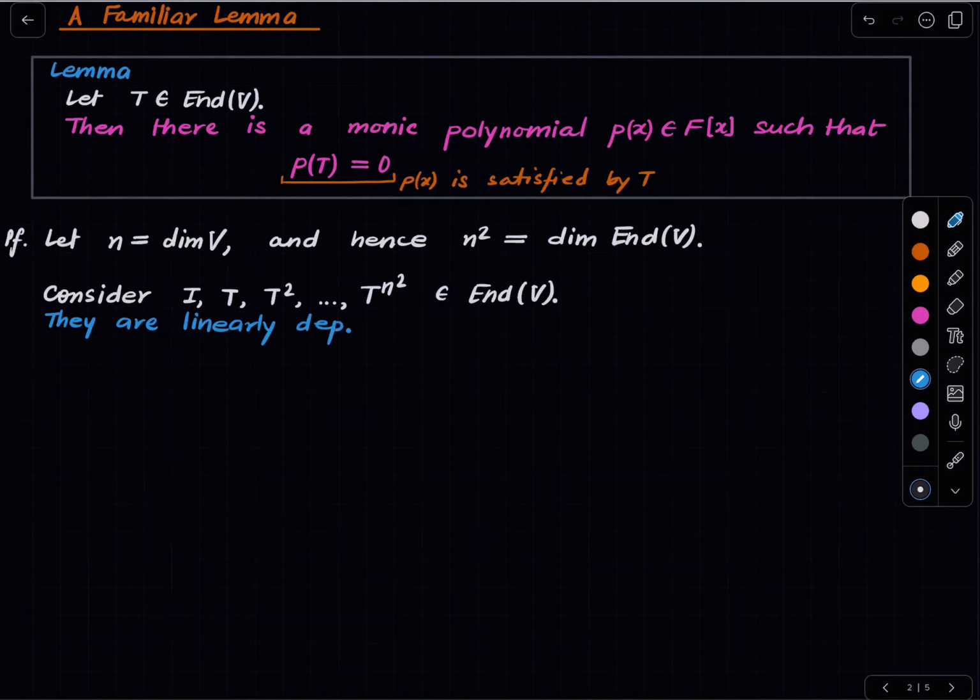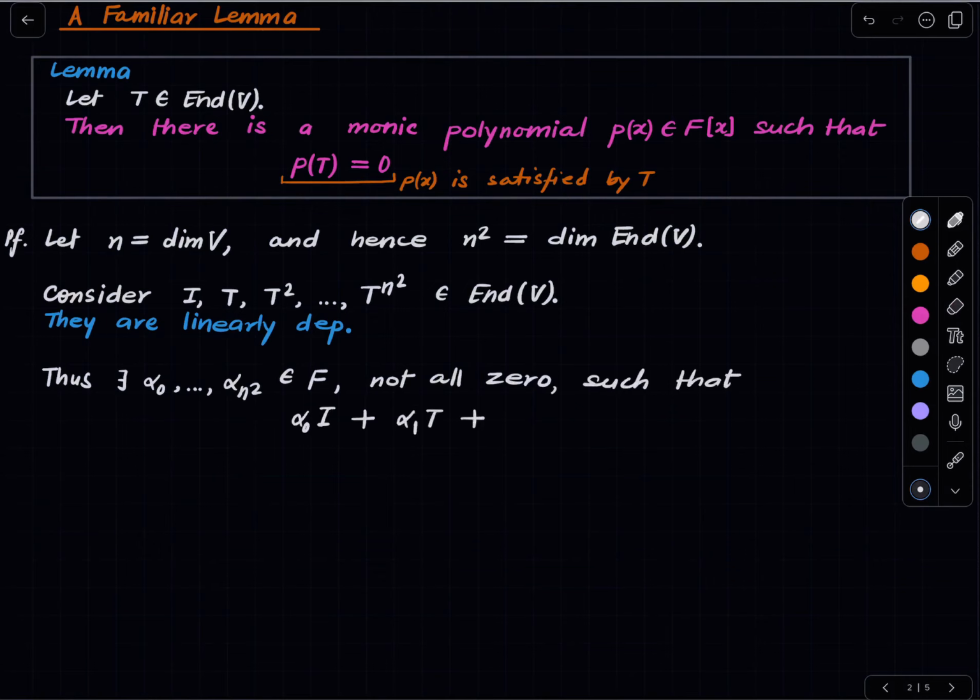Why are they linearly dependent? The dimension of this vector space is n squared, while these are more than n squared. So they are linearly dependent, and hence there exist scalars, not all 0, such that the corresponding linear combination is 0.